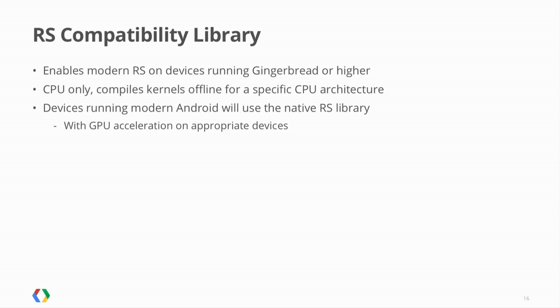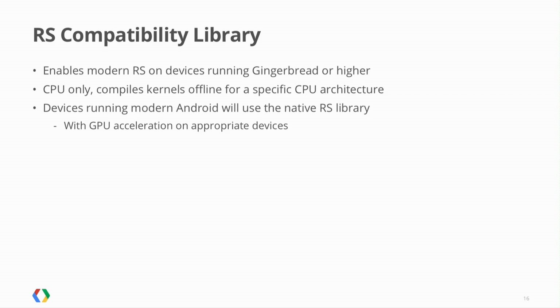And we compile this for sort of the lowest common denominator CPU that can run all the way back to Gingerbread. So when the app is actually built, the compatibility library, as well as the shared libraries for your RenderScript kernels, are packaged with the app. And we also package the normal RS bit code as well.